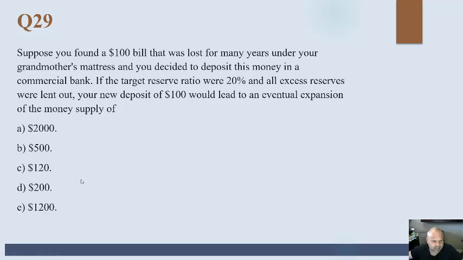So hit pause and try and figure this out. Okay, I'm back. And so in this case, the answer would be 500. How do we get that? Well, we know the multiplier is equal to 1 divided by 0.2, which is 5. So we take the 100, multiply it by 5, and that will equal 500. And that's the total possible amount.